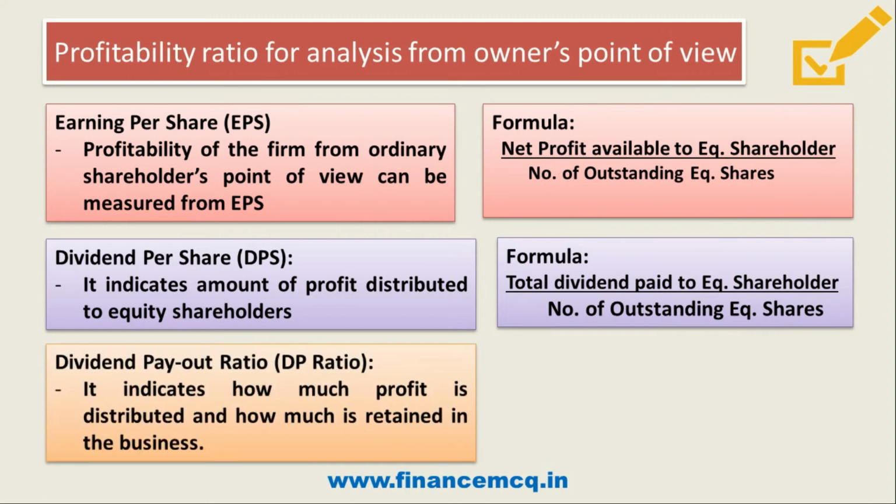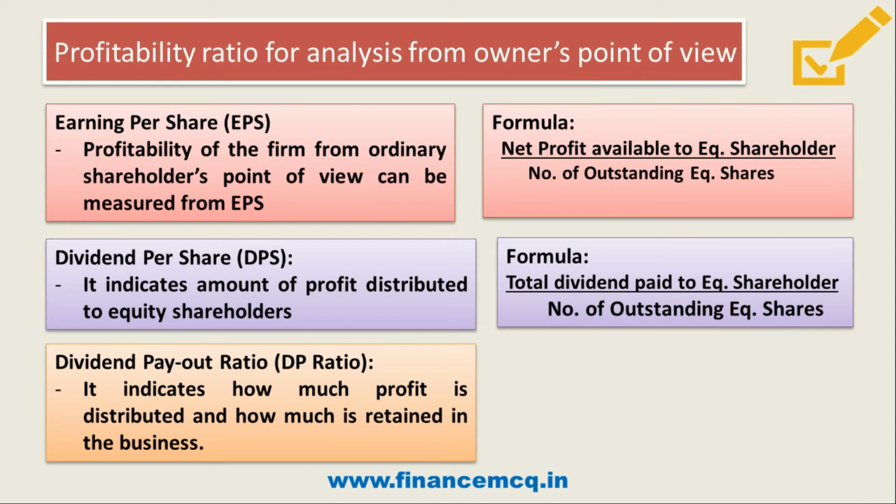Then we have dividend payout ratio, that is DP ratio. Friends, it indicates how much profit is distributed and how much is retained in the business. Like in the first ratio we have net profit available to equity shareholders.